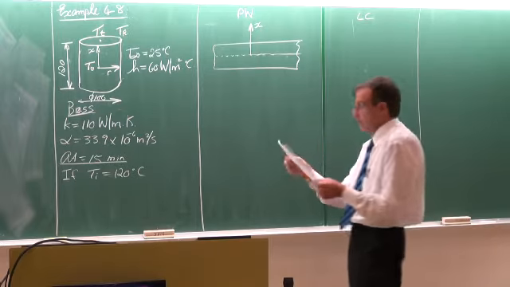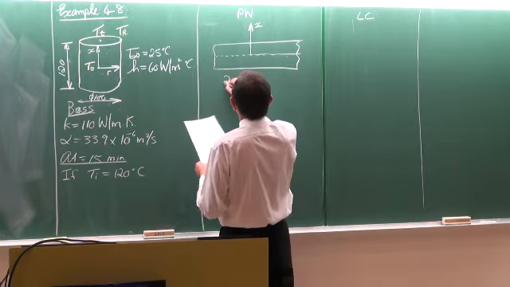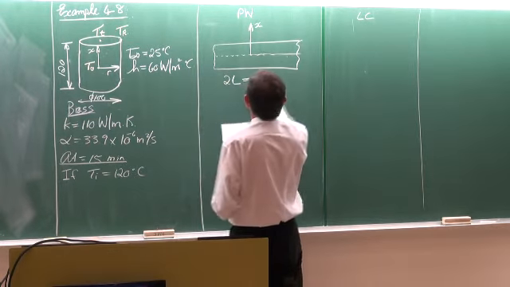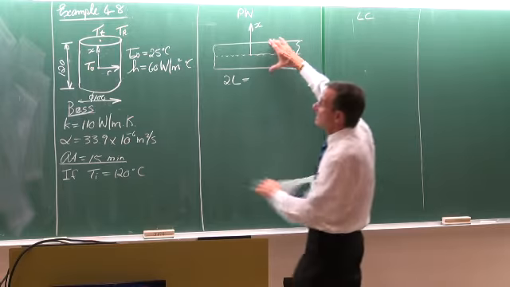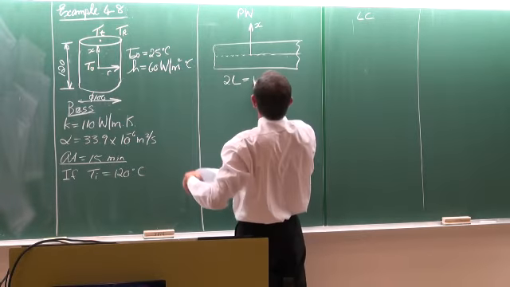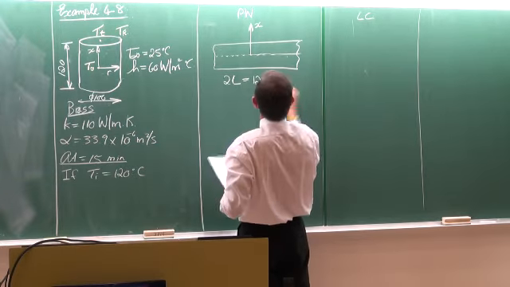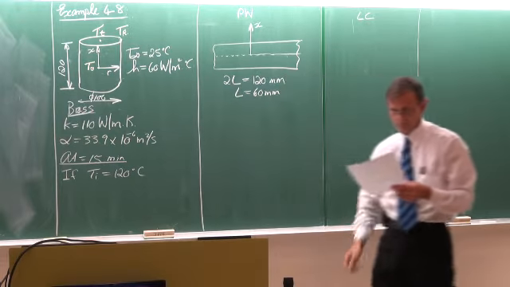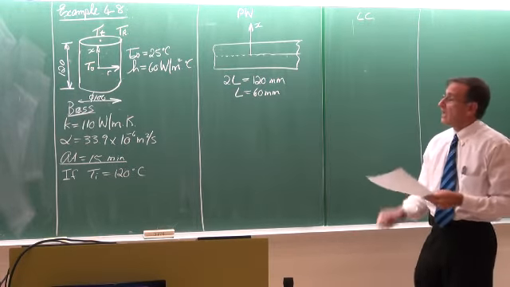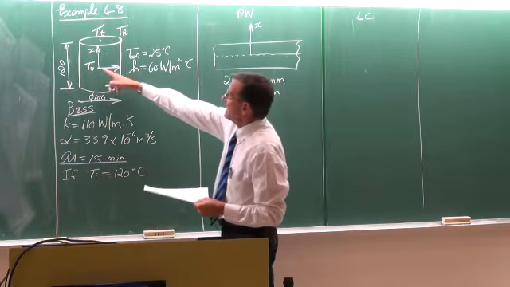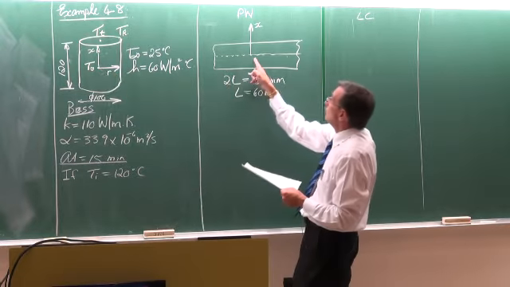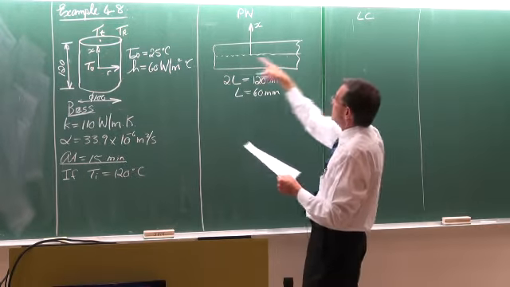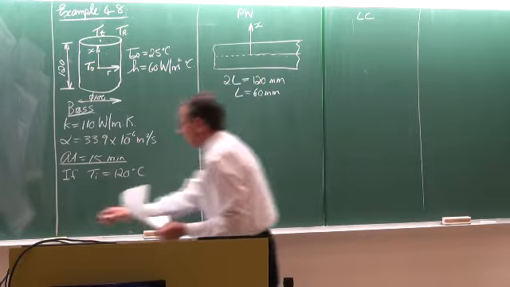And with that, we had 2L, which was this thickness, and 2L in this case is 120 millimeters. So L is 60 millimeters. And to get the temperature there, it would obviously be that temperature there.